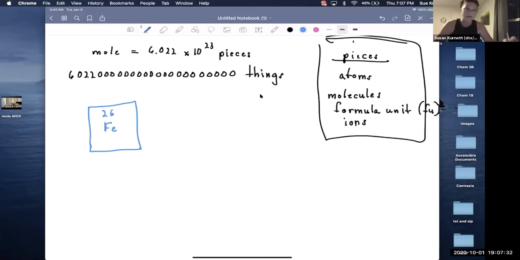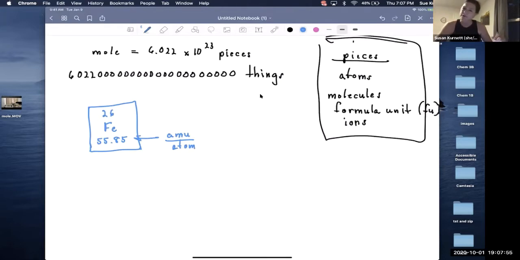And there are different isotopes of iron, but when you mix them together and find an average iron, which doesn't really exist, the weighted average mass is 55.85 AMU per atom. So one atom has that many atomic mass units.